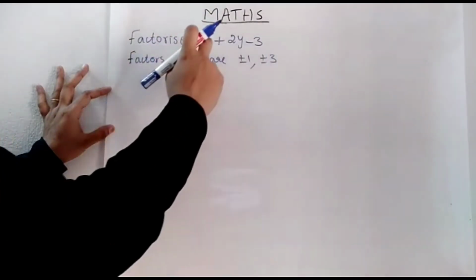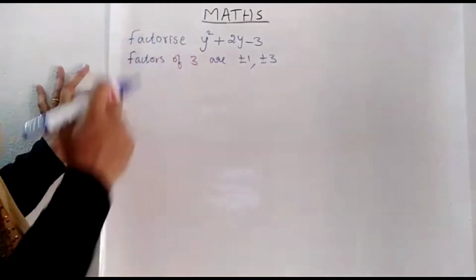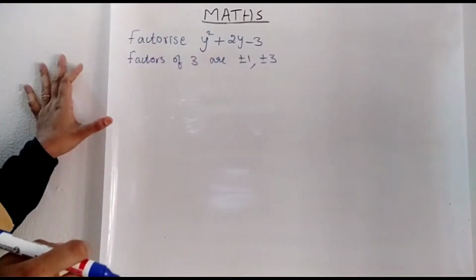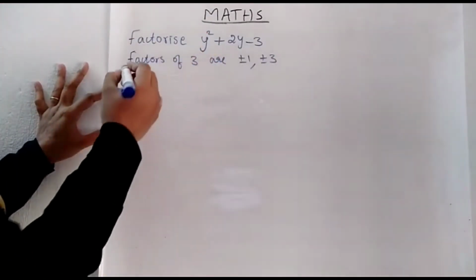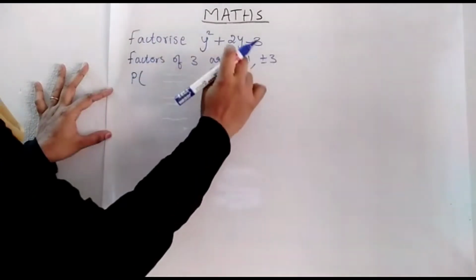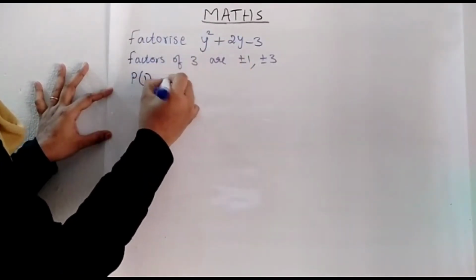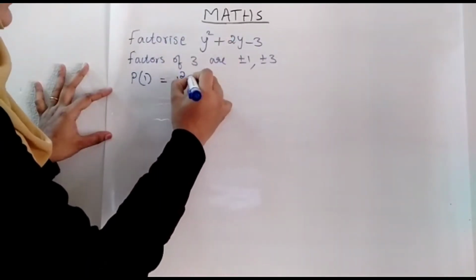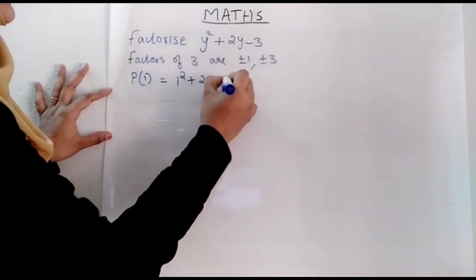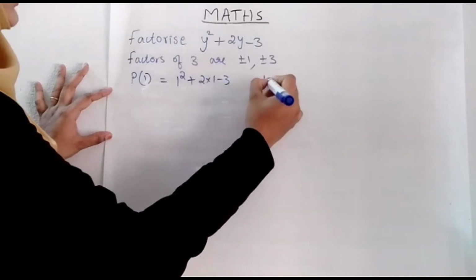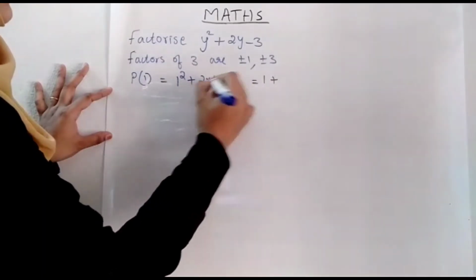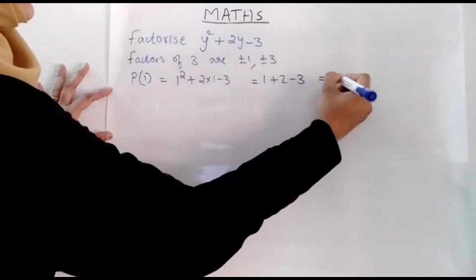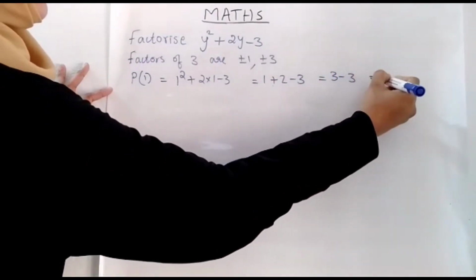We will get two factors for a quadratic polynomial. So let's check P of 1 first. P of 1 is 1 square plus 2 into 1 minus 3, that is 1 plus 2 minus 3. 1 plus 2 is 3, 3 minus 3 is 0.